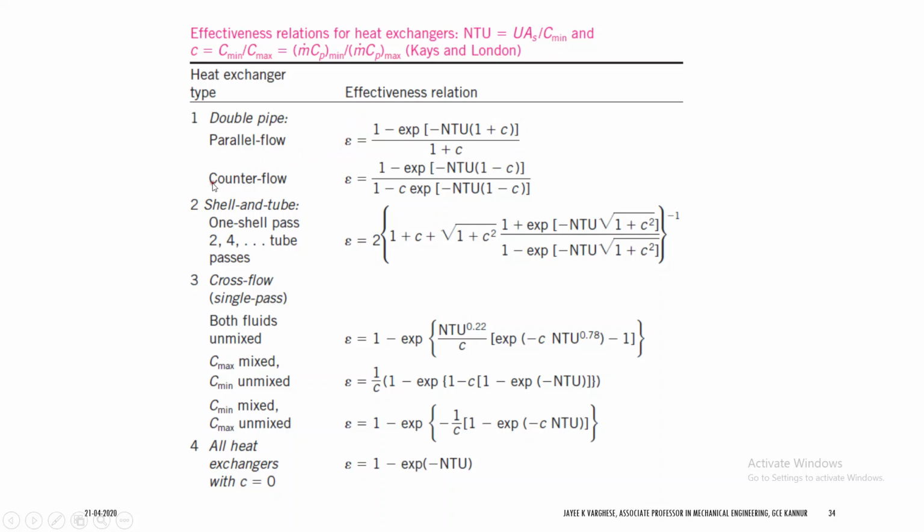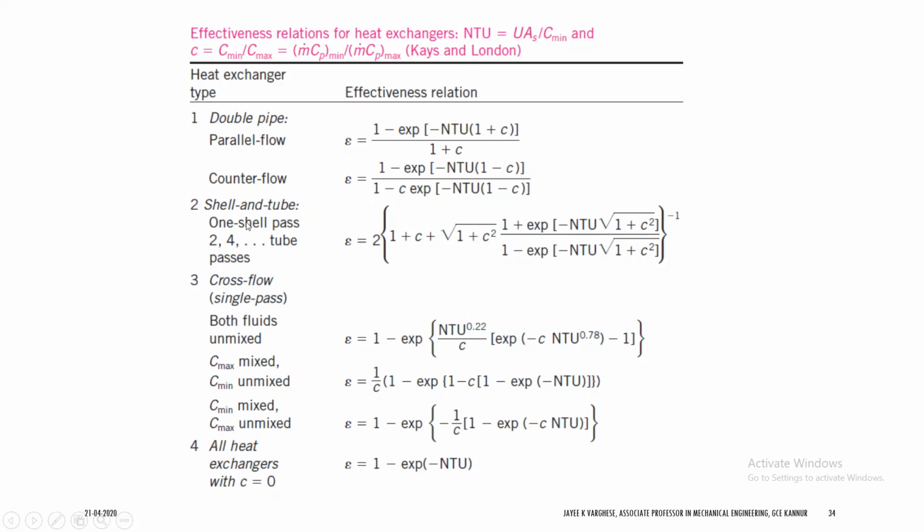Depending on the question in the problem, either we will have to find out the effectiveness knowing the value of NTU, or we will have to obtain the value of NTU knowing the value of effectiveness. So for parallel flow and counterflow, these are the relations. This will be there in the data book.